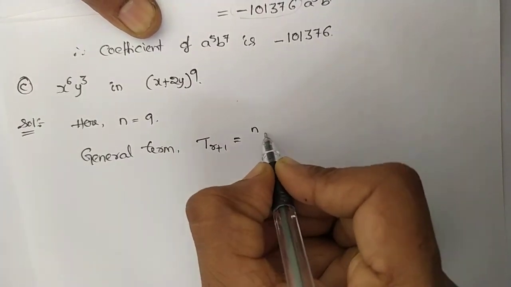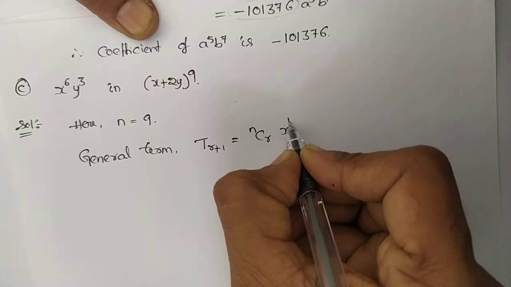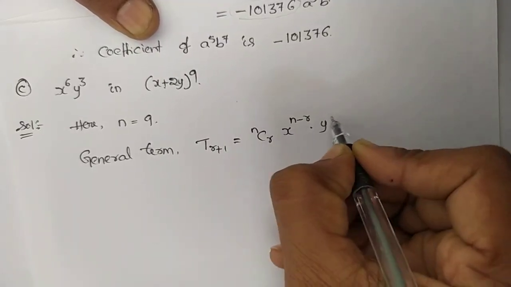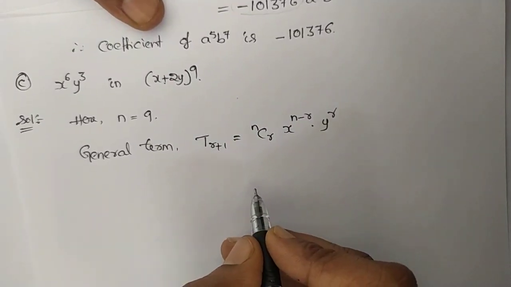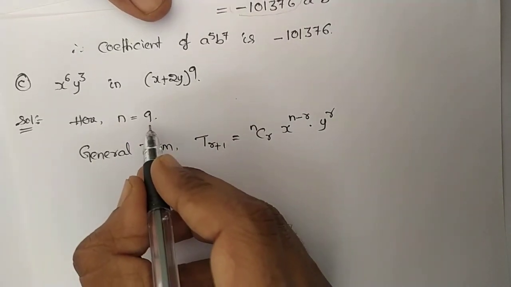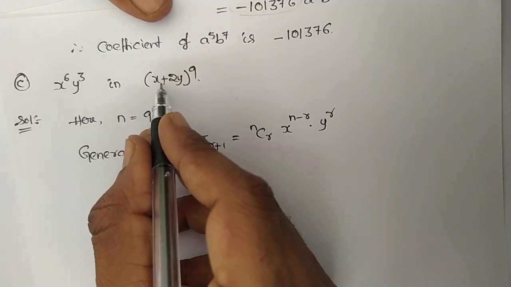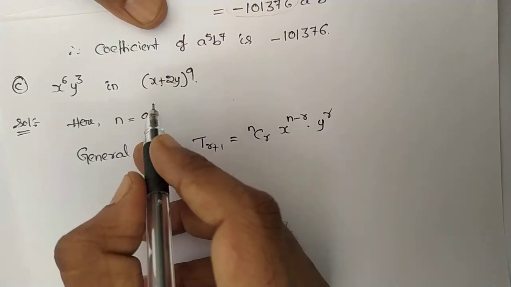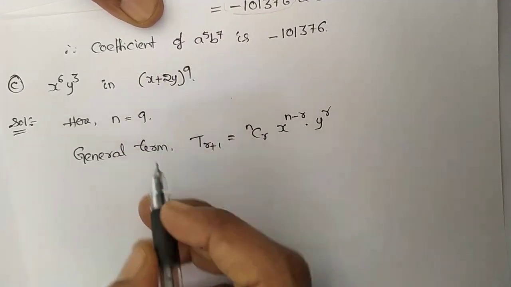So nCr x power n minus r into y power r. It is the general term for the expansion (x plus y) whole power n. Now you just replace n with 9, x with x itself, and y with 2y. That's it.